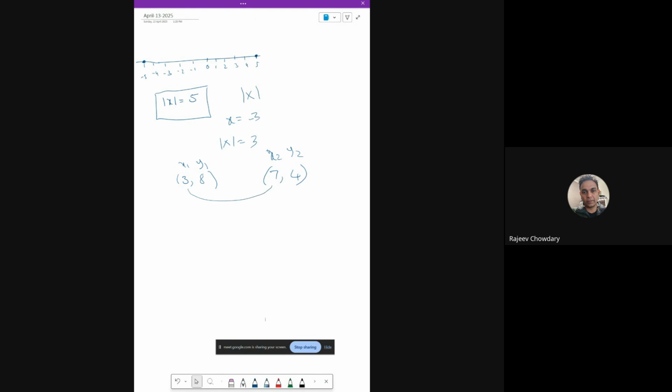So 3 minus 7 is how much? -4. And 8 minus 4, oh, sorry, I'll just make this as 6. Or let me do this, I'll make this as 3. Let's follow the order. So y2 minus y1 or x2 minus x1 is 4 in this order, and 3 minus 8 is -5, right? Sorry, I just want to do 5. So 5 minus 8 is -3. So what is the distance? Anybody?